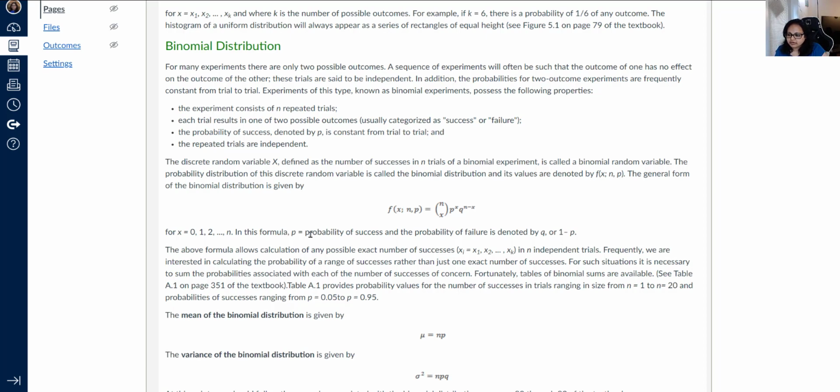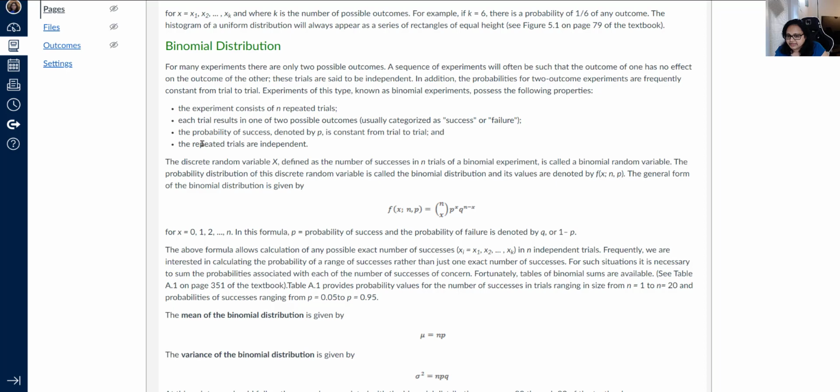It might be easier for you if I give you an example. In an experiment we can have n repeated trials, throwing a coin a few times, and each trial has 2 possibilities, and we have to define what we are calling a success. Throwing a coin, getting head or getting tail, which one is your success?